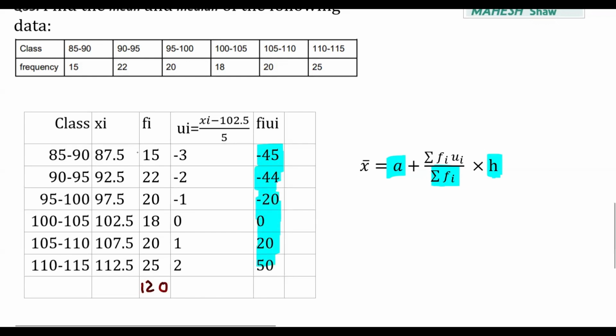So what you can figure out, this is positive 70 minus 20, 50, 50, 50 minus 44, it's minus 39. So we'll get minus 39 over here. And this was 120.